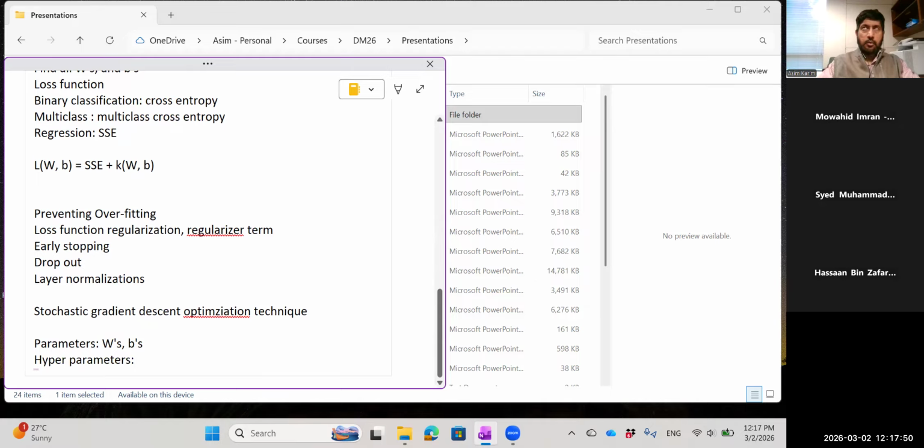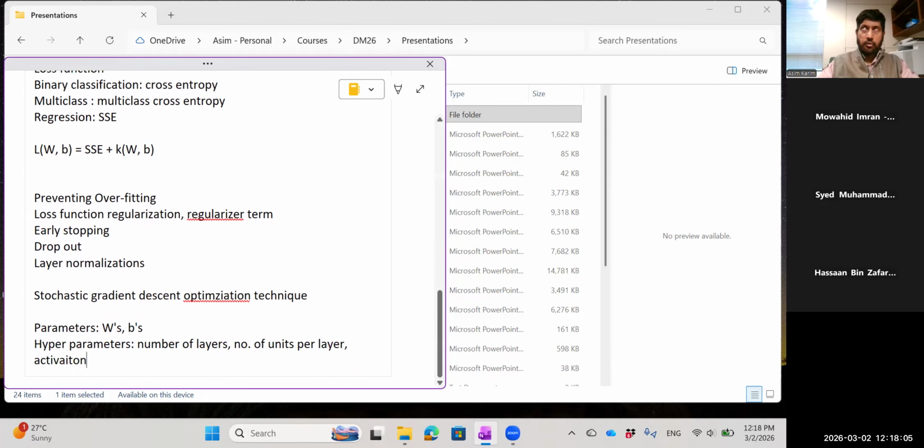So hyperparameter में बहुत कुछ आ सकता है. So इसमें for example number of layers, this is a hyperparameter. Number of units per layer, this is a hyperparameter. Activation function to use, this is a hyperparameter.